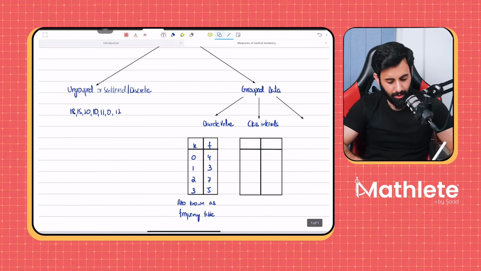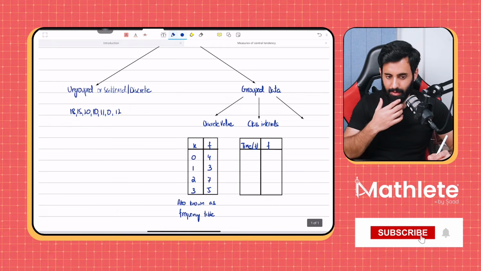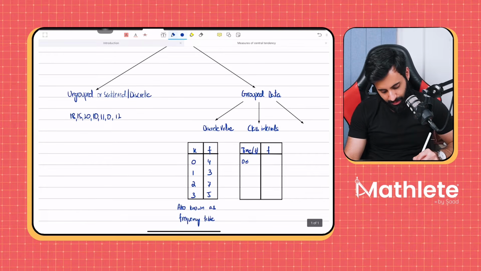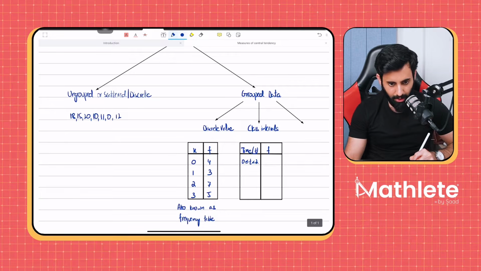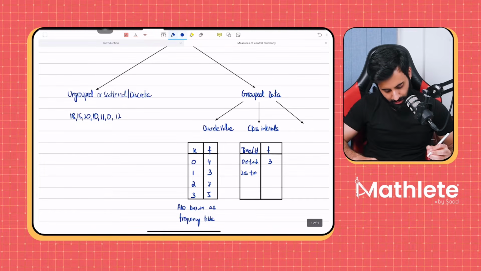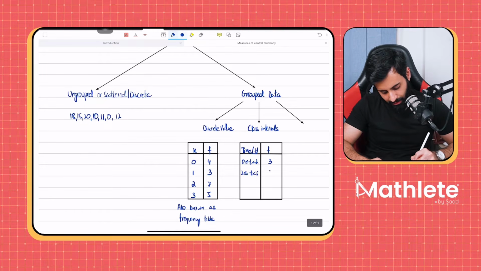Let's say in one column, we have time, which is in seconds. And in the column after, we have frequency. So let's say from 0 to 2, the frequency is 3. From 2 to 5, let's say the frequency is 2.